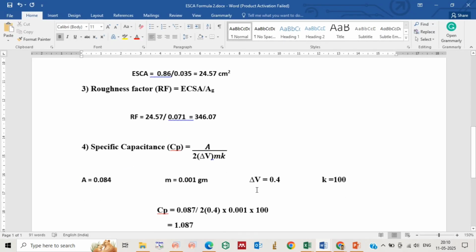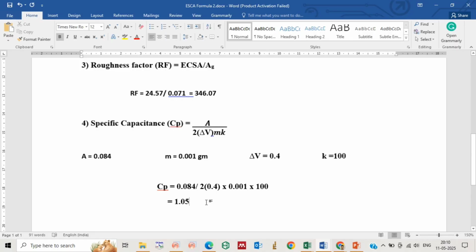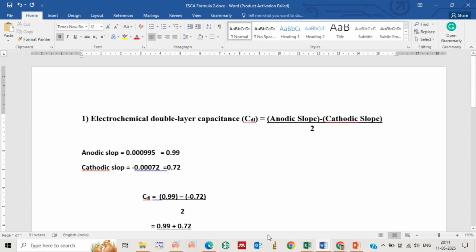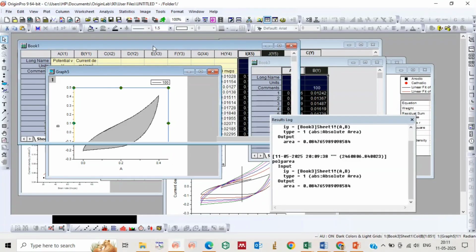So you can take any CV at a different scan rate and just take that value here. So now by putting in all these values, you will get the specific capacitance for the catalyst also, which is 1.05, and the unit is farad per gram.